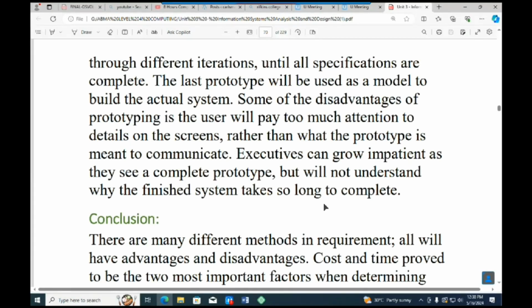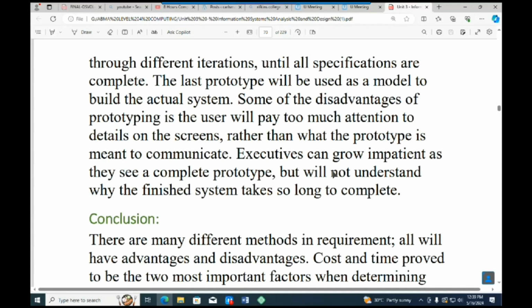Now, some of the disadvantages of prototyping is that we will have the user pay too much attention to the details on the screen. The user will need to look into the screen and give attention to the details that are on the screen, rather than paying attention to what the prototype is communicating.